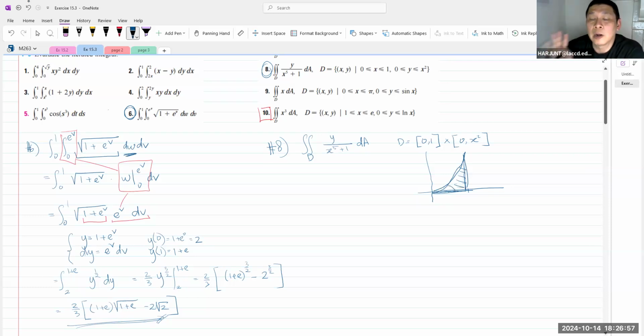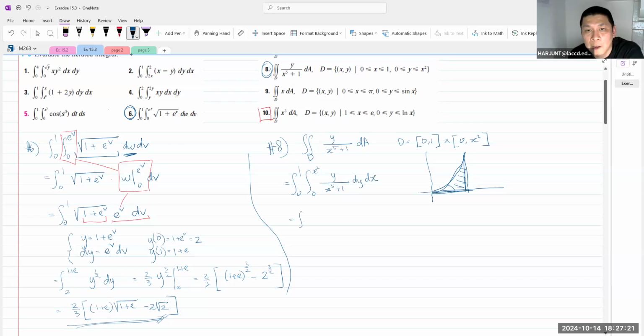Okay, now remember, because the domain is not a rectangle, we cannot use Fubini's theorem. So this will be the integral from 0 to 1, integral from 0 to x squared of y over x to the 5th plus 1 dy dx.